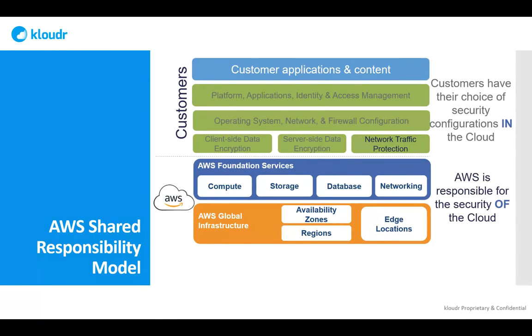For that case, we have the AWS shared responsibility model, which will segregate the duties between AWS, which will be responsible for the security of the cloud, of the infrastructure on the cloud. And on the other hand, the customers will be responsible for the security of their infrastructure, of their application on the cloud.